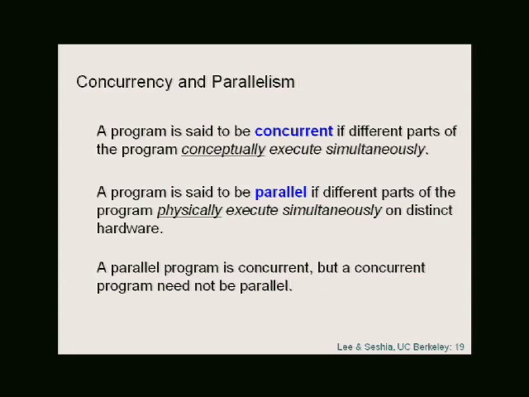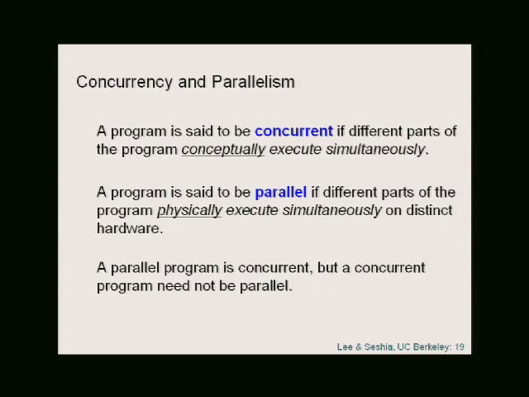Parallelism is slightly different. In parallelism, you have physical simultaneity. You can have a laptop with 2 cores, and you're running process 1 on core 1 and process 2 on core 2, and they're physically running at the same time. There's no interleaving going on. If you pick a point in real time, then process 1 will be running and process 2 will also be running.